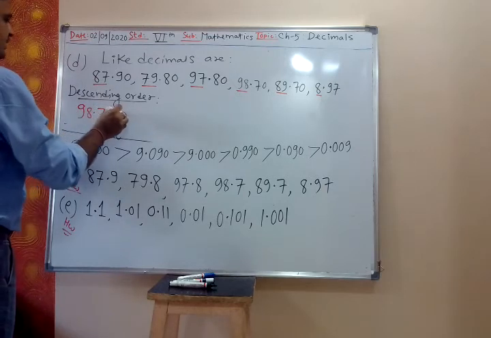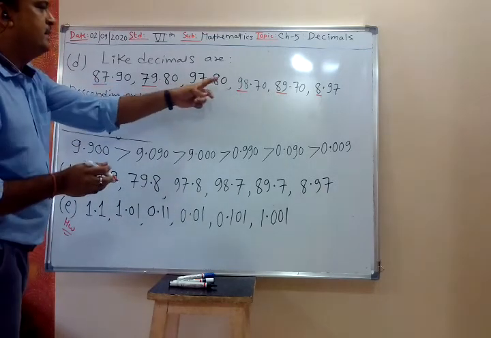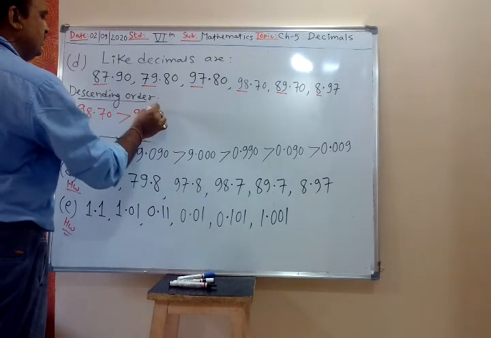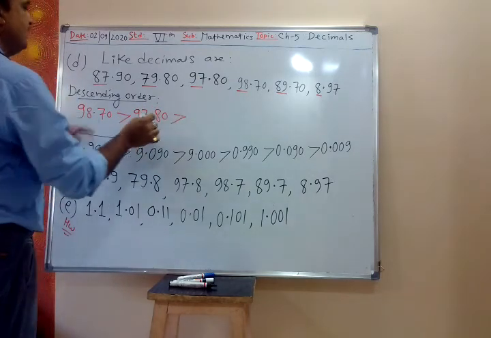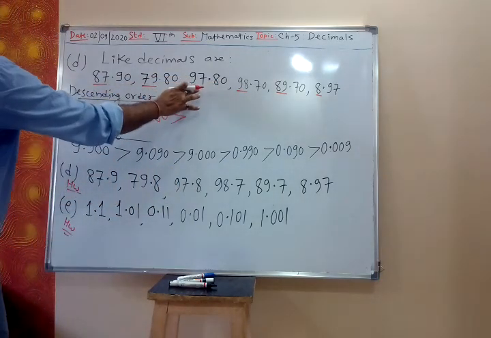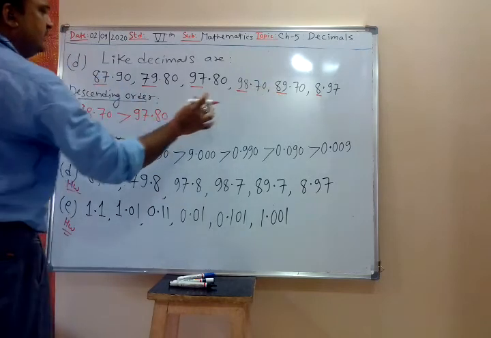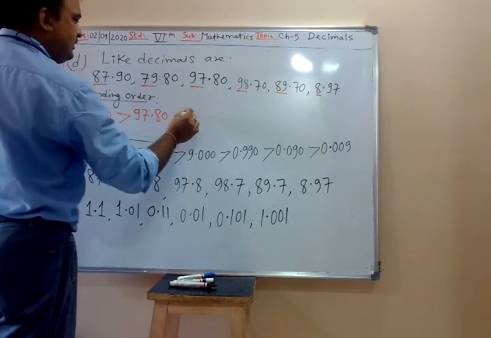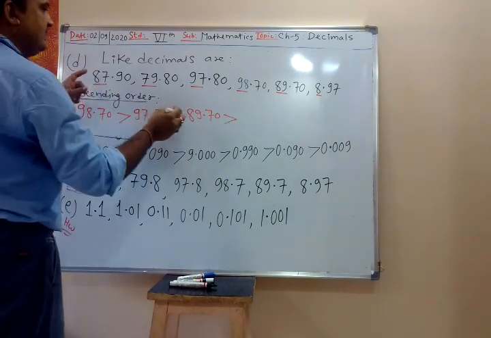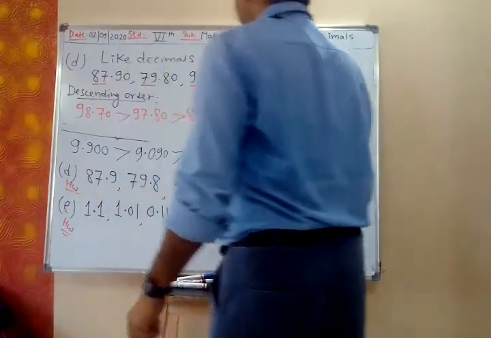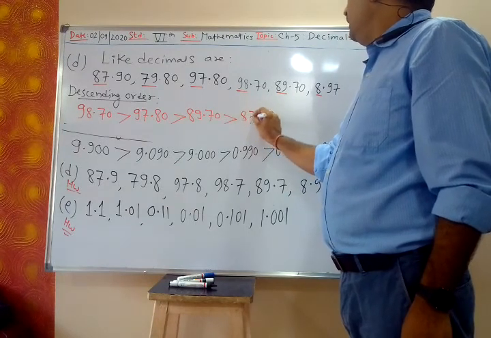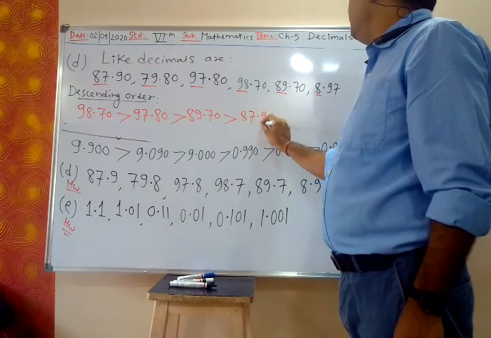98.70 is greater than, after 98 it is 97.80. After 97 it is 89.70. After 89 it is 87.90.